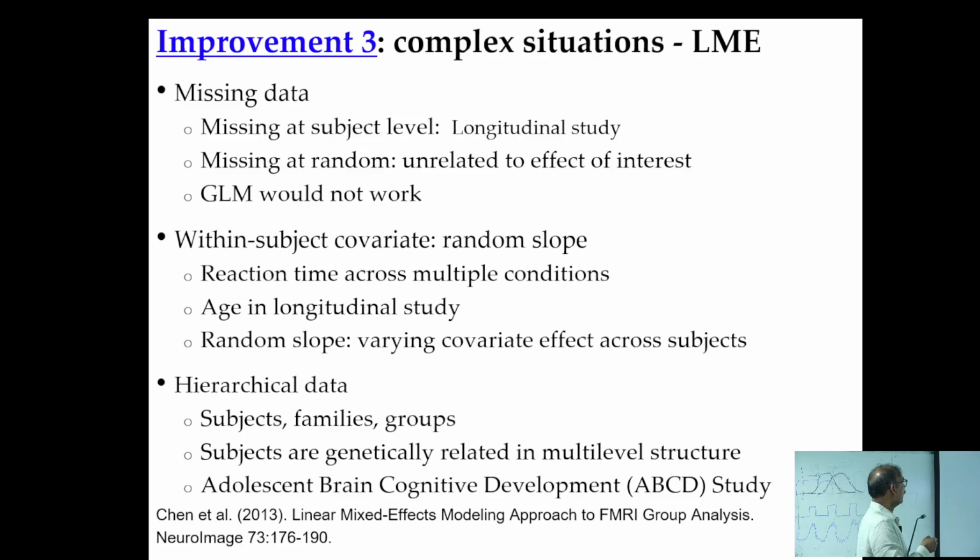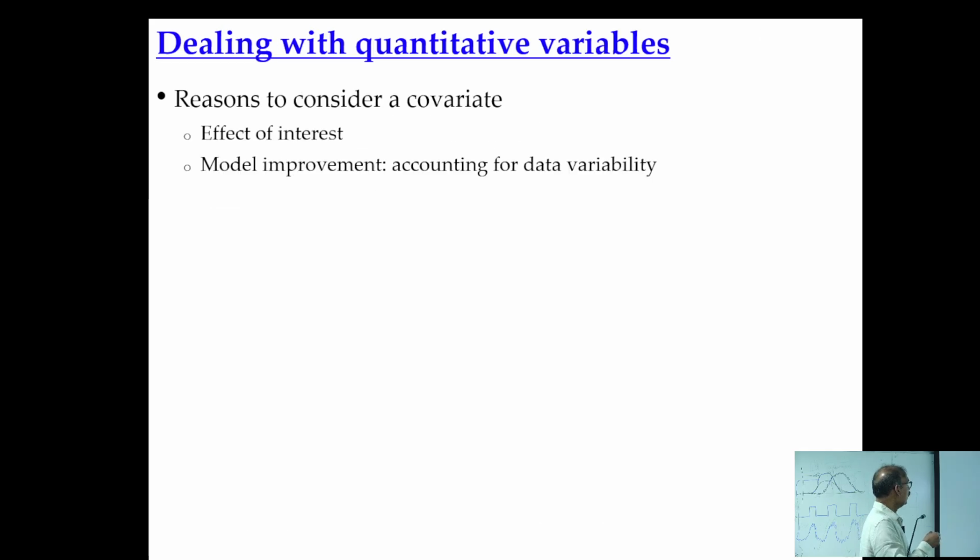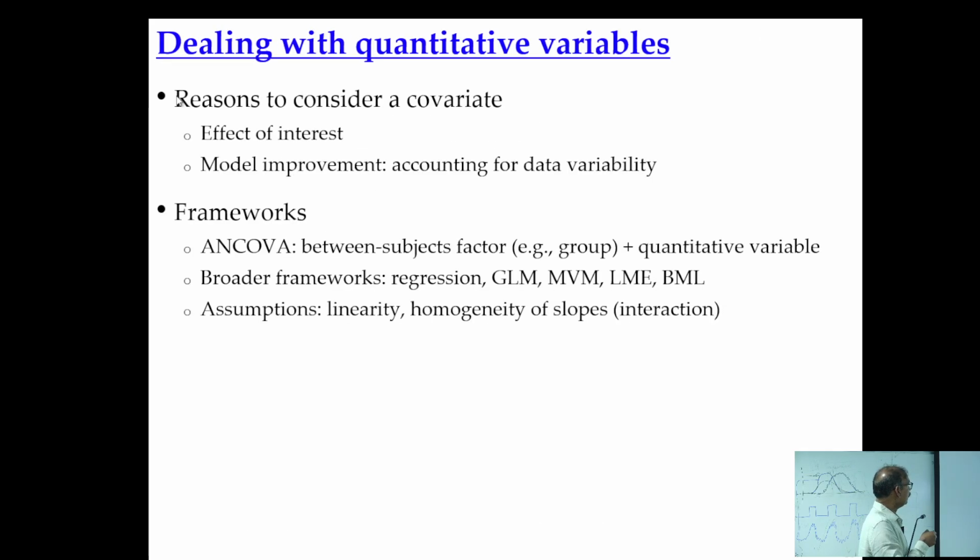So again, as I have mentioned, the reasons to consider covariates are to study the effect of interest, and also for model improvement, accounting for data variability. By using the covariate, if we can find the measures, that is good. But we also want to account for as much variance as we can, right?